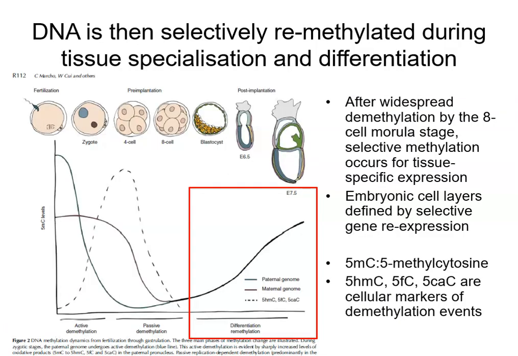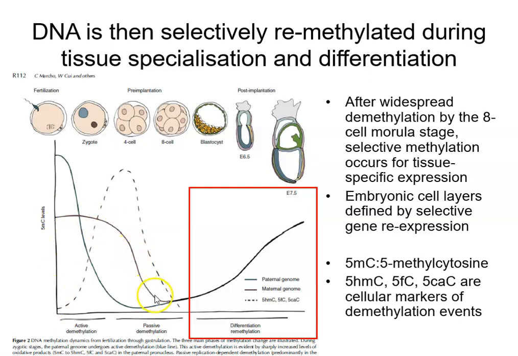And this slide just shows that process, showing fertilization occurring. We've got the paternal genome in, you can just about make out that's blue, becoming deliberately, actively demethylated as the embryo goes from fertilization through to the 8-cell stage, whereas the maternal DNA is passively demethylated.